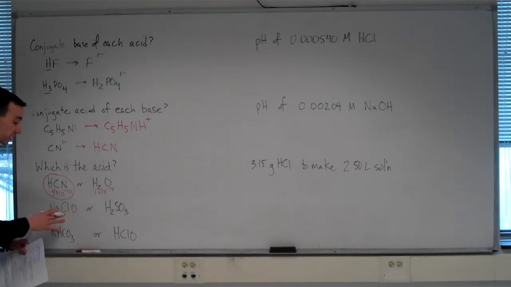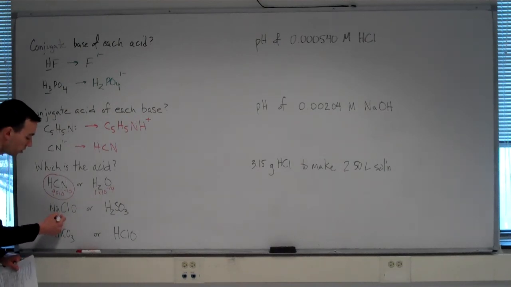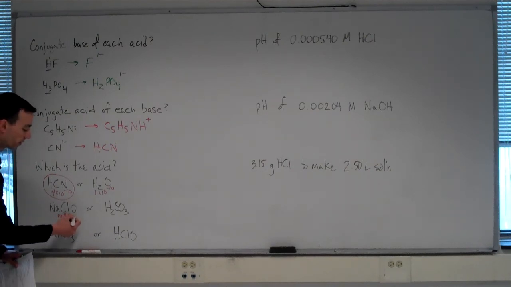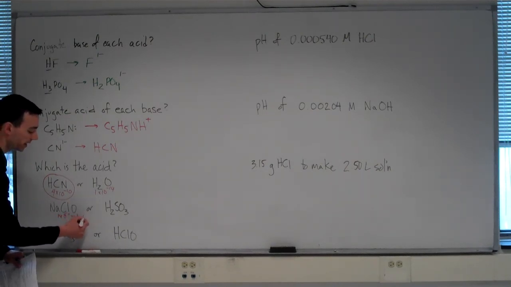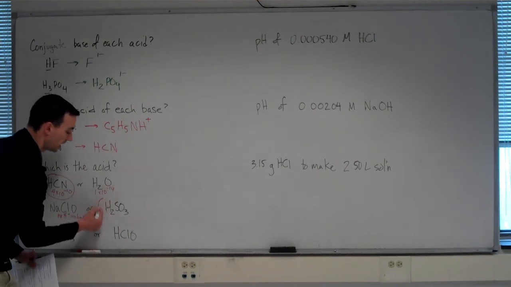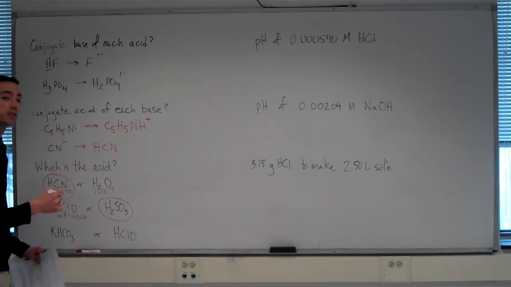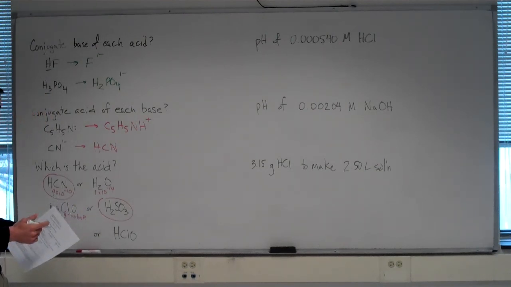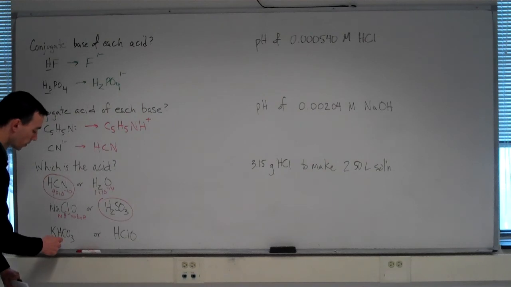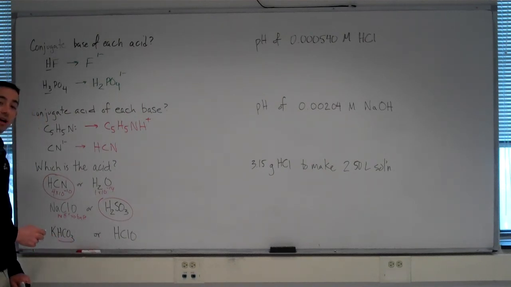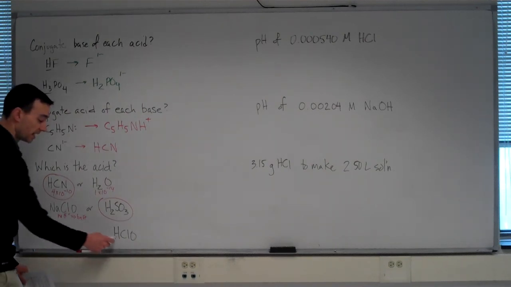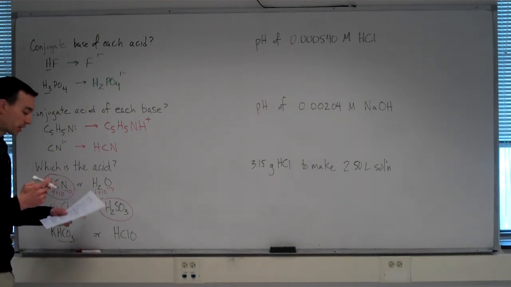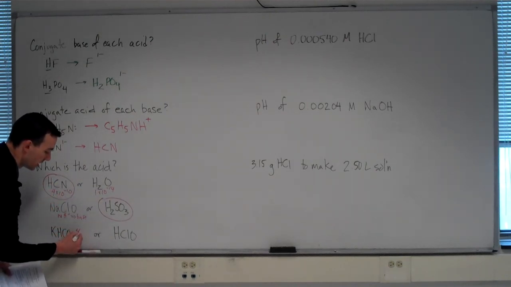In our next case, it actually is a little bit easier because NaClO has no proton to donate. And because it has no proton to donate, we immediately can conclude that it must be the base. And H2SO3 is our acid, and you could find a Ka for that if you need it. In our last case, where we have an HCO3 ion here that could be an acid and an HClO, again we're going to want some Ka values.